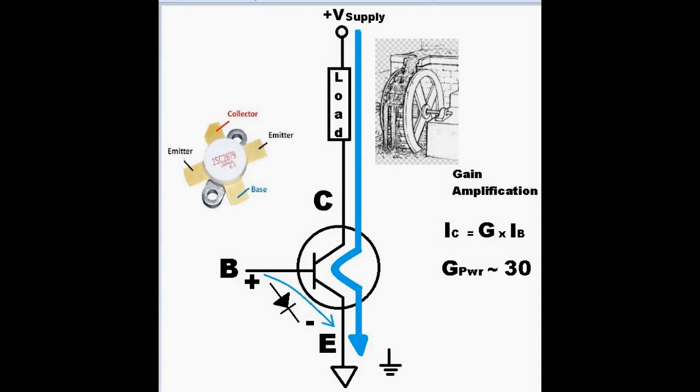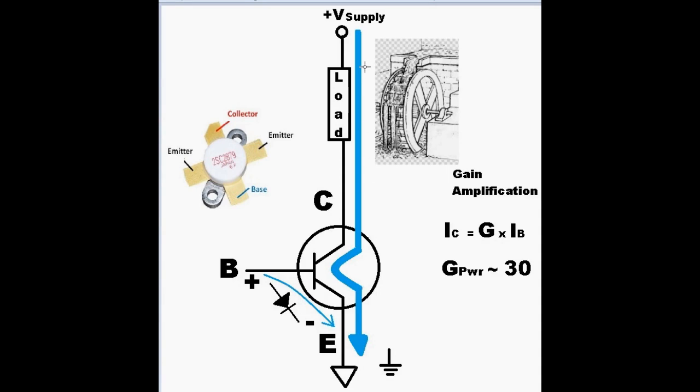Okay, so I've just explained that the main current flow, like a waterfall, is going from the high potential V supply down through the transistor, which is turned on by the base to emitter positive junction, and to ground. However, we're not going to just let the current flow straight to ground.